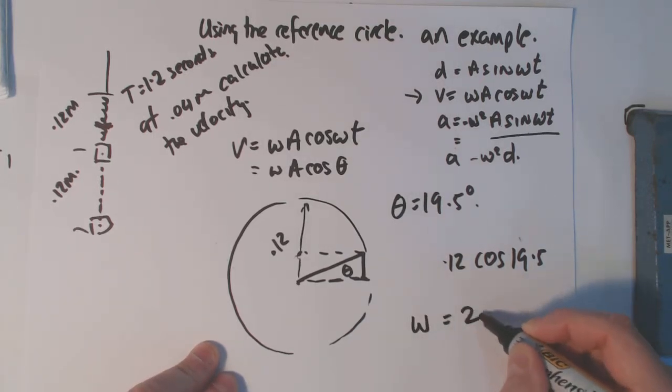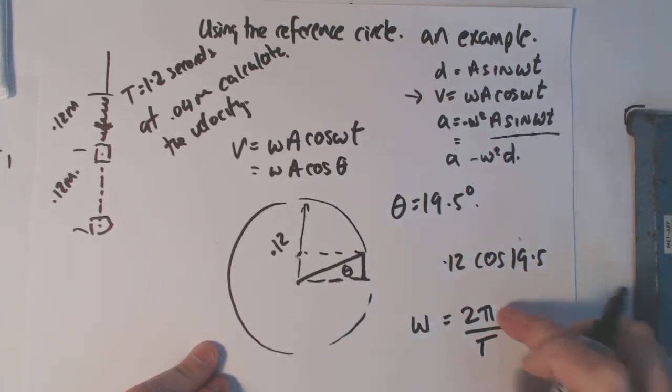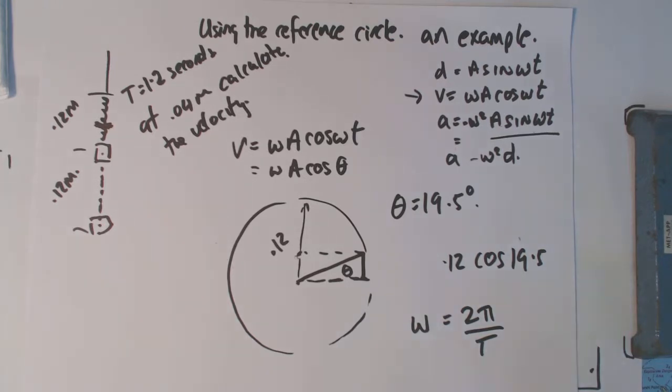Omega is equal to 2 pi over T. Omega is radians per second. 2 pi is radians, and this is the period. So the period is how long it takes to do 2 pi radians, right? So if we go 2 pi divided by how long it takes to do 2 pi radians, we'll get how many radians this little baby is doing per second.